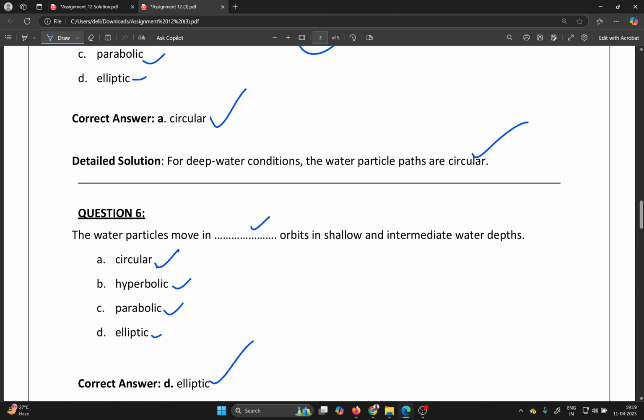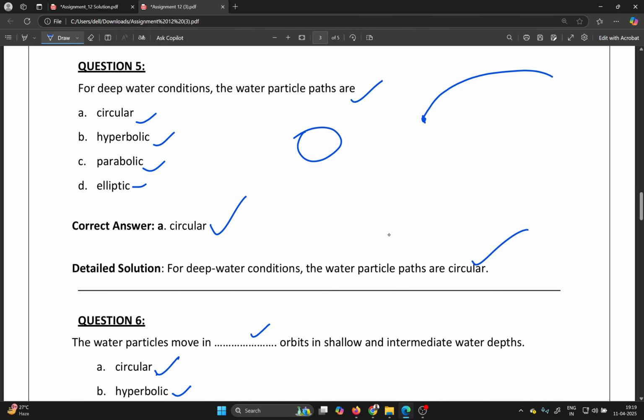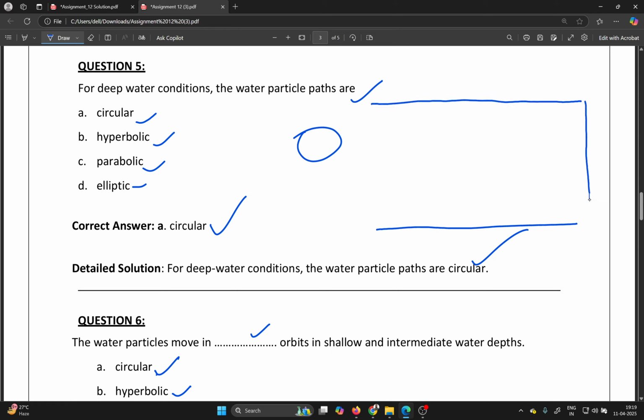Previously we were talking about this; let me show you graphically. Let us first consider the deep one here. Let us suppose this much depth is deep.